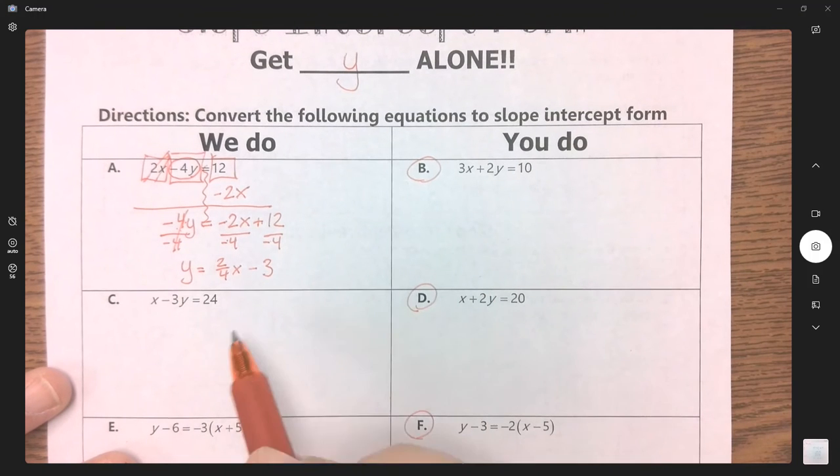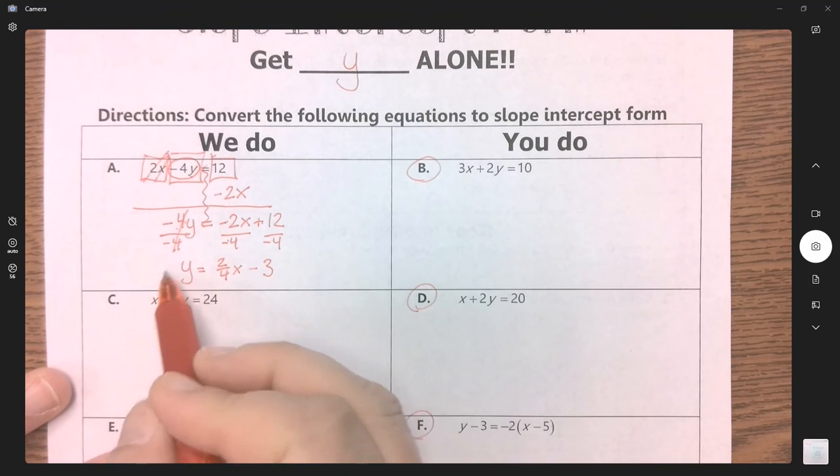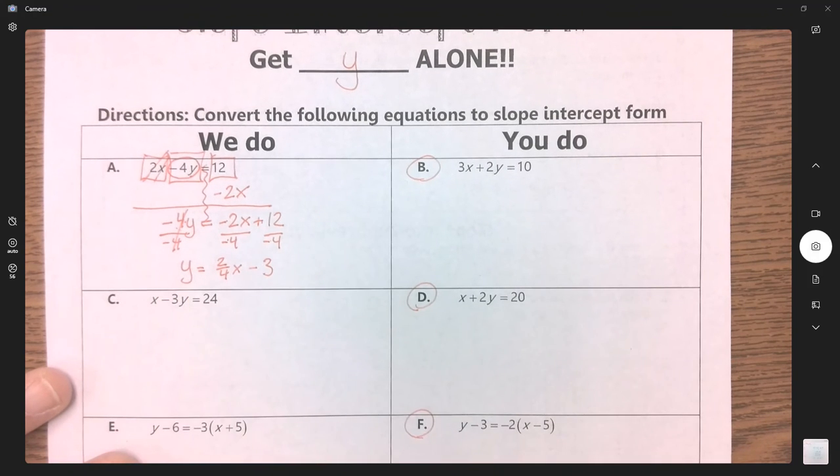So my slope in this case would be 2/4 or 1/2, and my b would be negative 3. Once you have the y by itself, you've completed the problem. So this one is completely done. I'll show you one more harder one, just so that you have that.